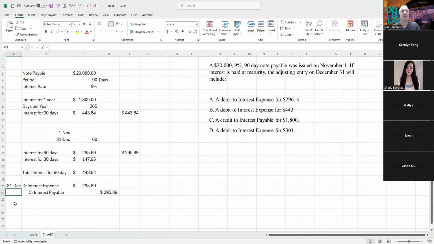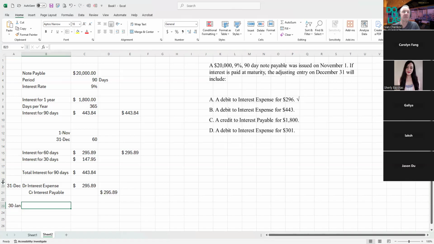What's going to happen when it's the 90 days? If on December 31st I have 60 days, where is my 90th day? On January 30. On January 30, what do we have to do?